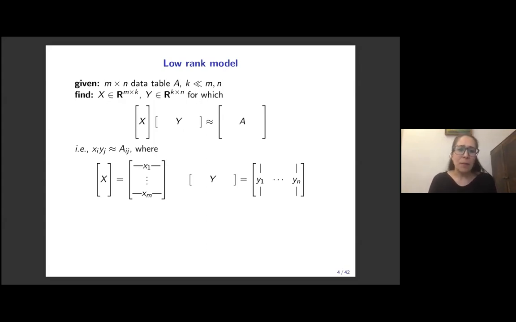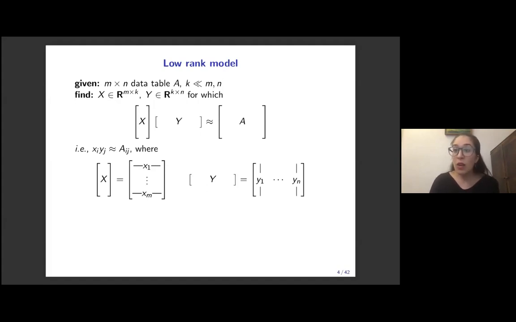But here's the assumption. We're going to say that for a given data table A, we're going to assume that it's well approximated by a low-rank matrix. So here's what I mean by that. I'm going to assume that there's a skinny matrix X and a fat matrix Y, so that when I multiply X times Y, notice that X is a real valued matrix with K columns, Y is a real valued matrix with K rows.